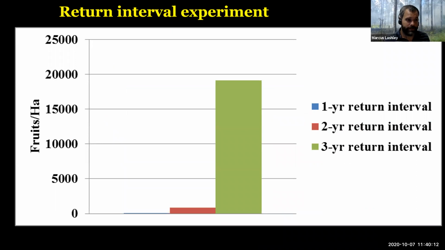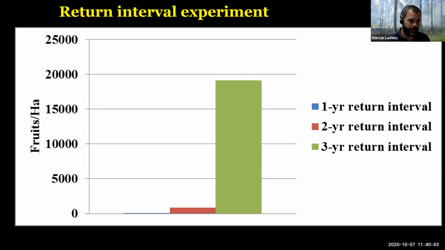There's been a lot of discussion over whether or not burning frequently enough could reduce fuels enough so that you have this mosaic and fire spread. So I did an experiment related to this during my postdoc work where we burned on 1 year, 2 year, or 3 year intervals. And you can see that same process happened, that when you burn on a less than 3 year interval, for the most part, fruit is eliminated in the understory in that system, which could be problematic if you're doing it at a large scale.